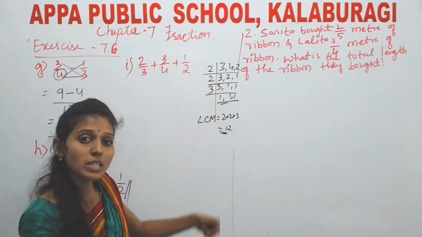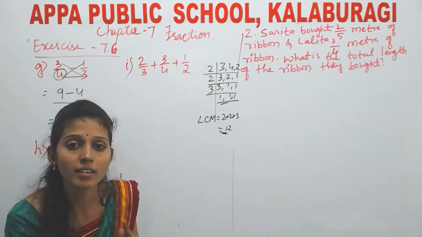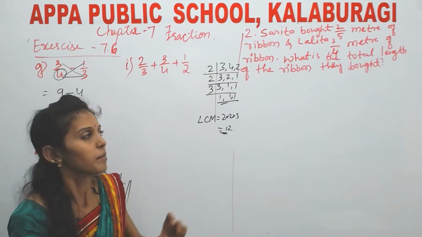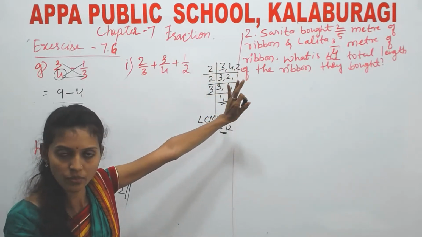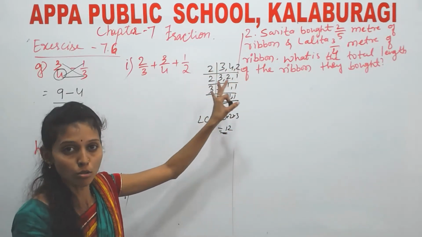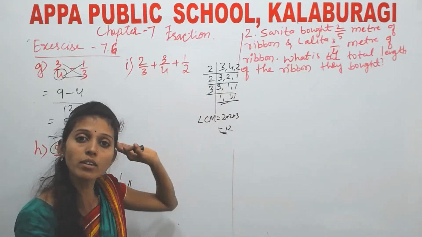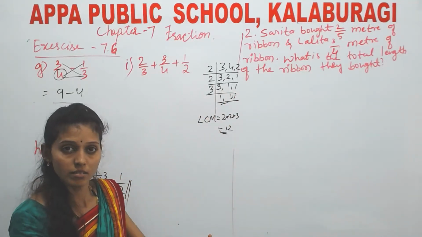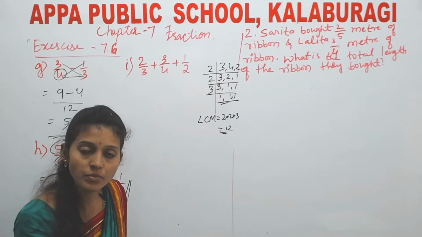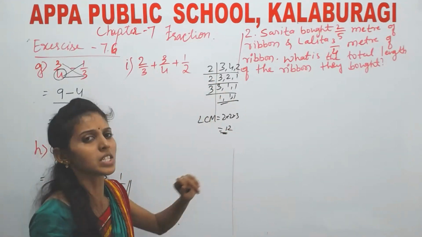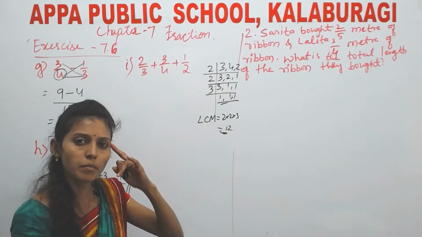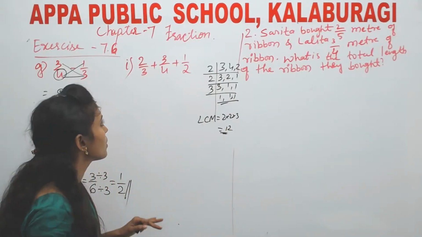Why? Because I'm using another trick, not a method. It is just a trick. Here, we are not providing marks for this. You should know this. You have already learned it in the 3rd chapter. So here, for small numbers, why are you wasting time? Use some trick. What is that?